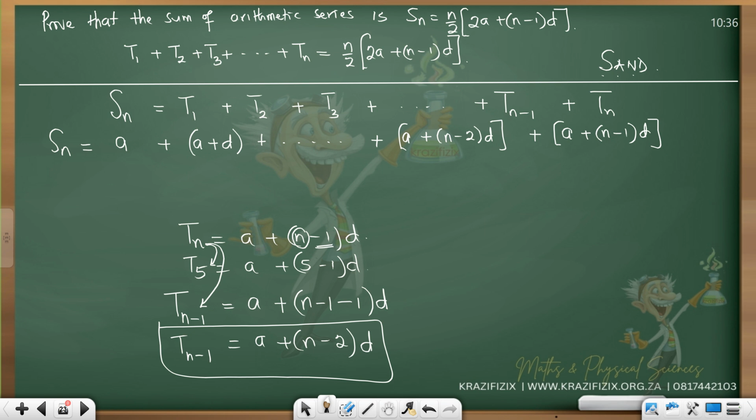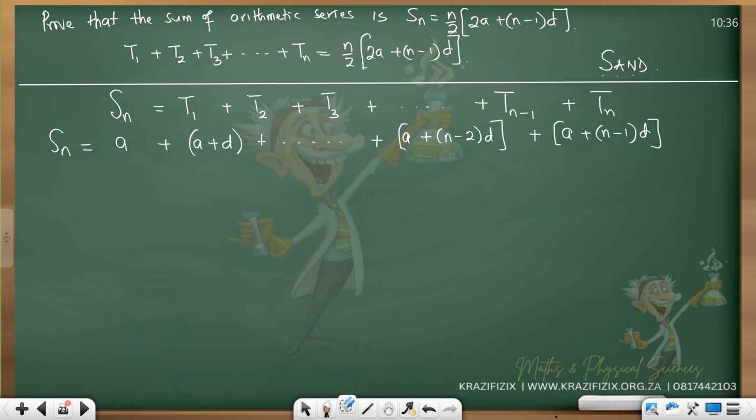So that is the sum. T1 plus T2 plus Tn minus 1 plus Tn. And that's all I need to remember. The rest will be what we did earlier on. Do you remember what we did earlier on? We swapped them around. The last one will now become the first one.